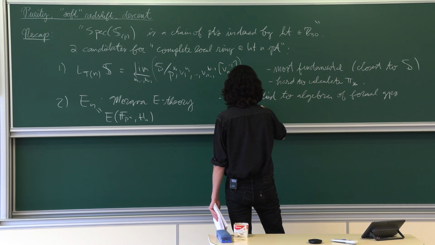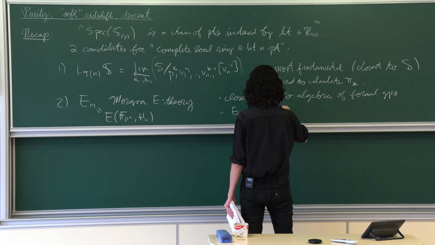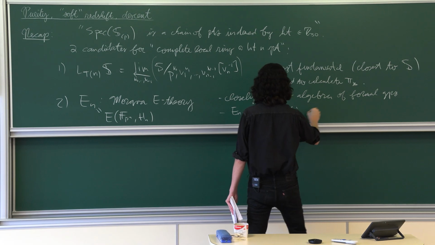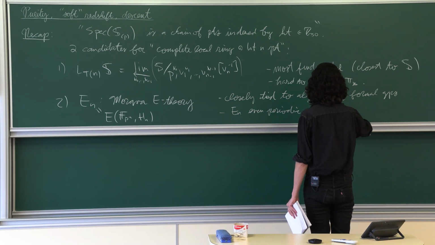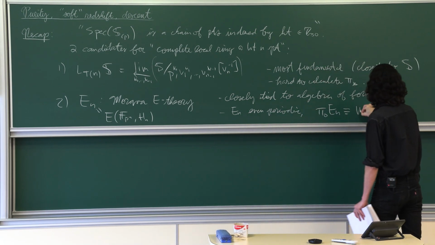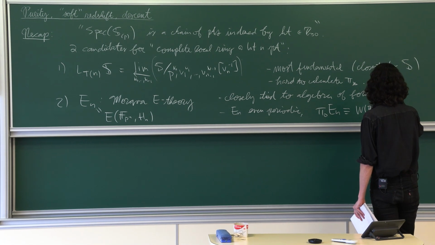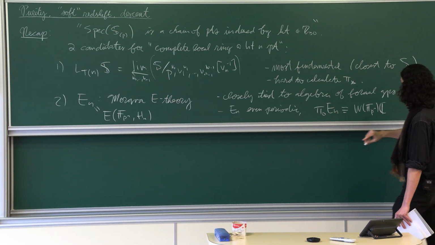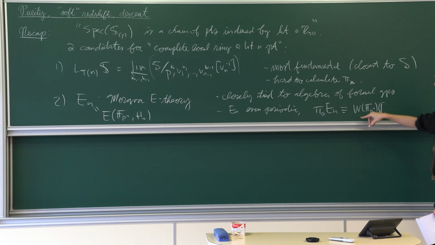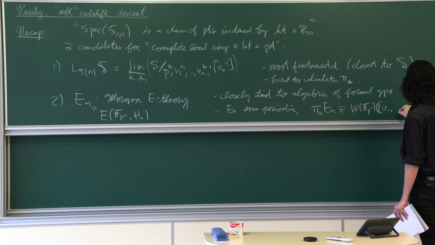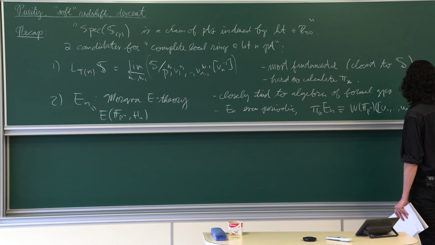So E_n is even periodic, and π_0 E_n is, non-canonically, Witt vectors on F_p^n, and then you have just as many formal parameters as you have here. Well, p is a formal parameter in the Witt vectors, and then you have maybe some u_1 up to u_{n-1}.